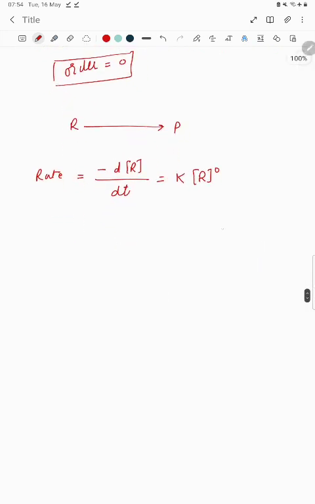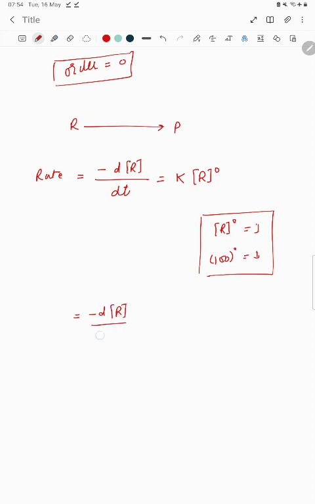Now anything power 0, R power 0, is going to be 1. R 100 power 0, its value is also going to be 1. So anything to the power 0 is always going to be 1. So we can write rate is equal to minus dR by dt equal to k.